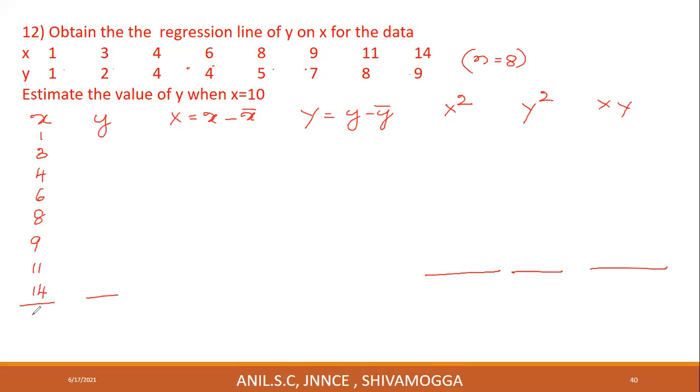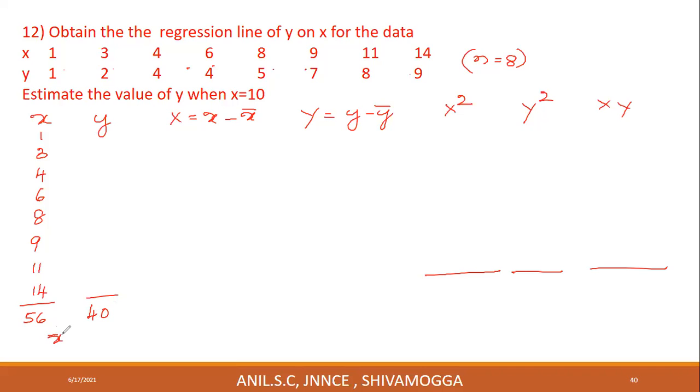What is summation x? 56. 56, right. And summation y? Summation y is 40 and n is equal to 8.